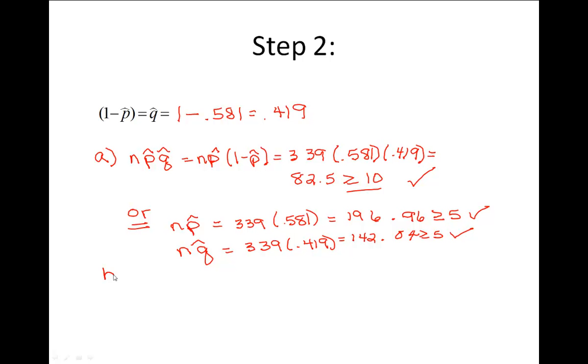And in addition, some teachers will also want you to make sure that your sample size is less than 5% of your population size. And in this case, we have to do some assumption here that you wouldn't want to do in real life.